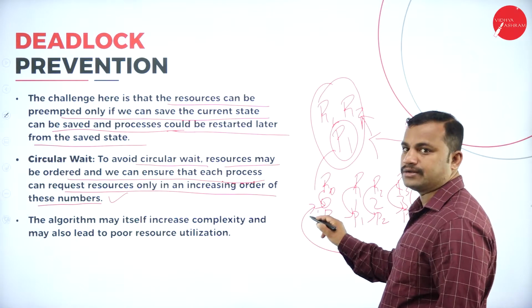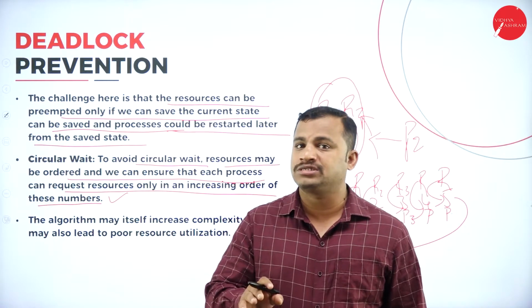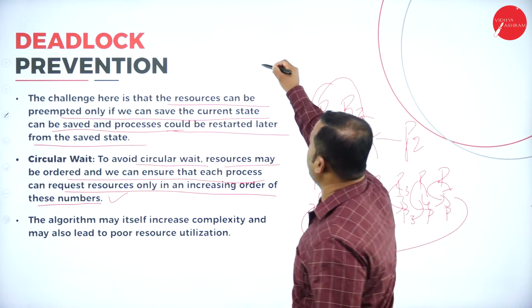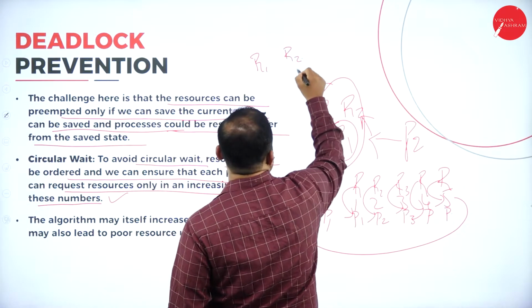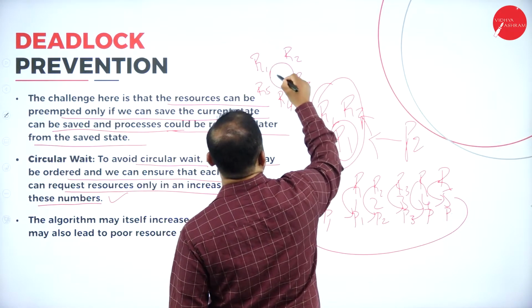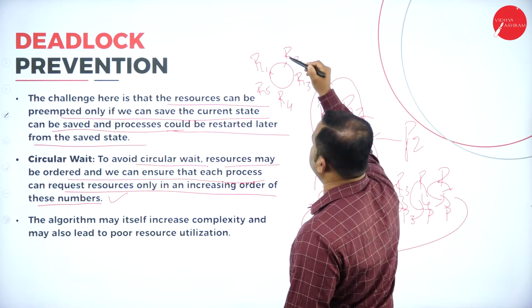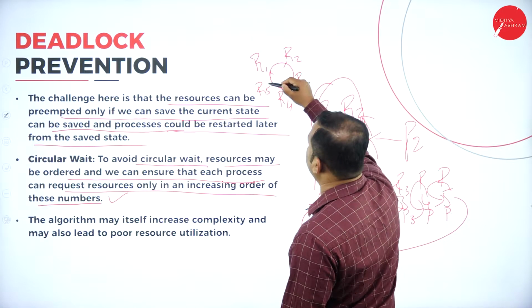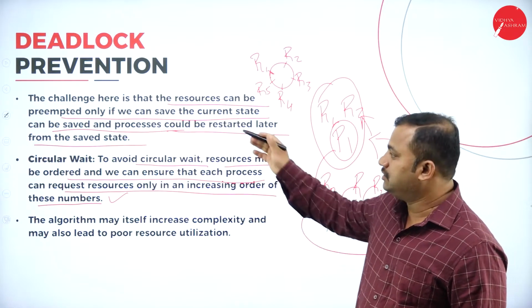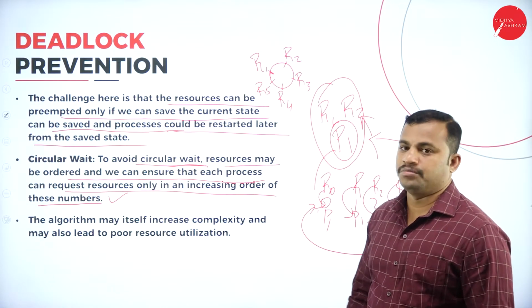So these resources are allocated to processes by avoiding the circular wait. Resource R1 is assigned to one process, R2 to another, then R3, R4, R5, and then R1 is used once again. With this, we avoid the circular wait.